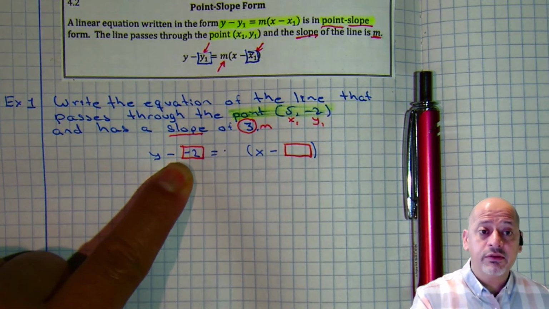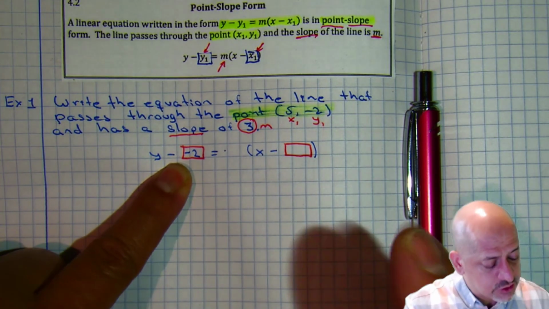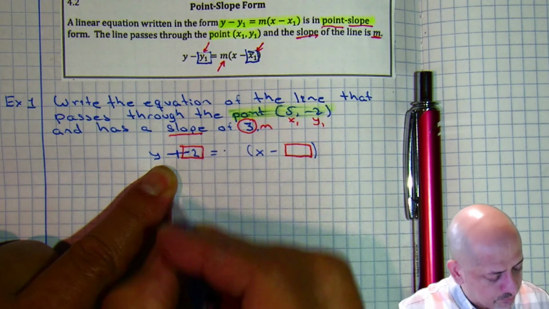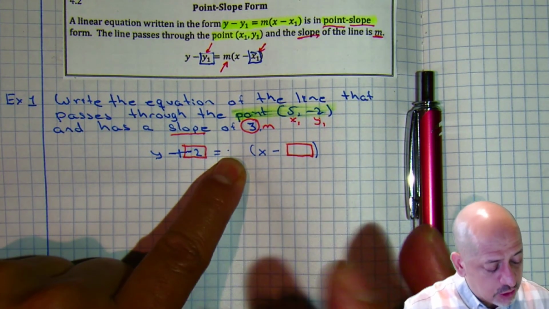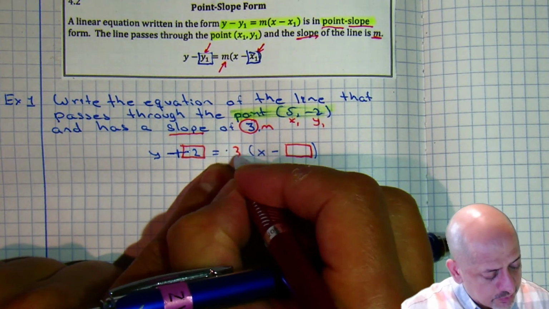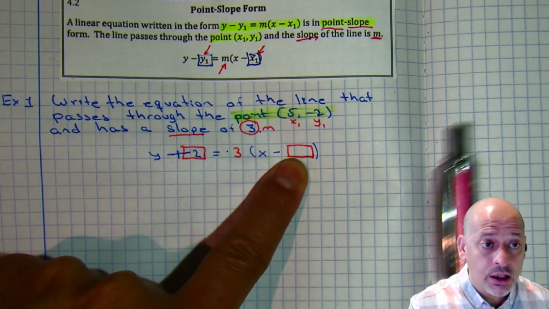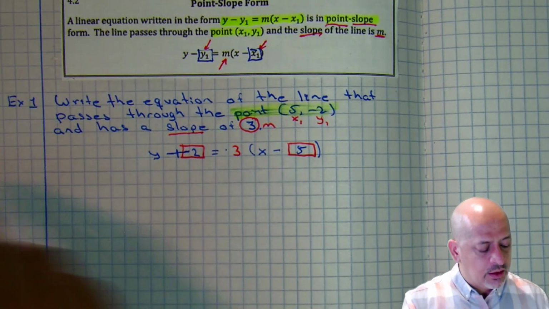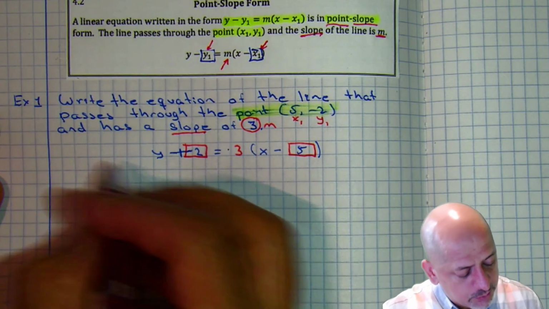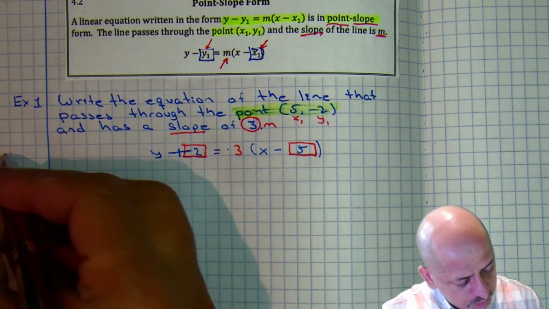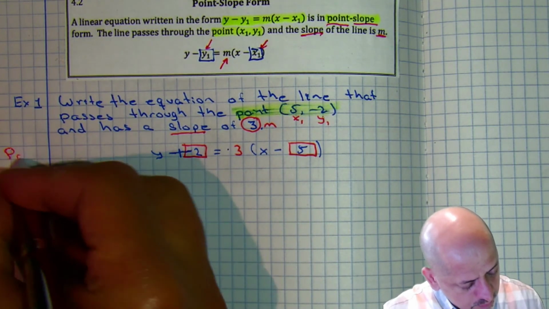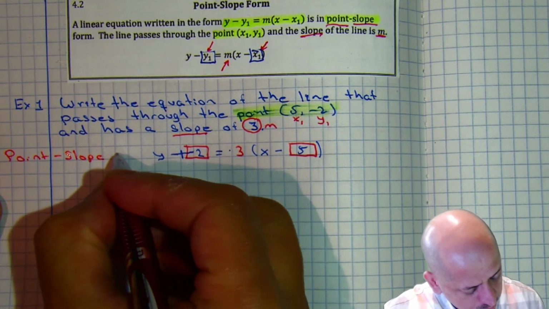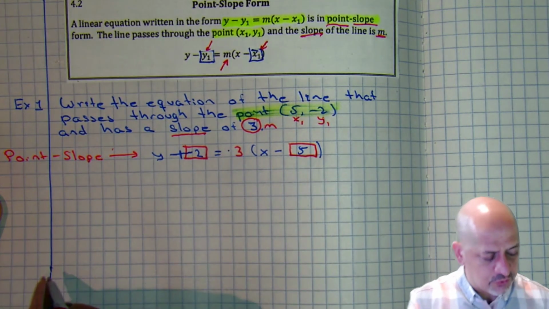And do you see a double negative? Correct. So therefore, that's going to become a positive. So let's just make a big positive sign now. Then here will be my slope, which is 3. And now here will be my x1. In this case, my x1 is 5. This equation is called the point slope form. That is in point slope form.